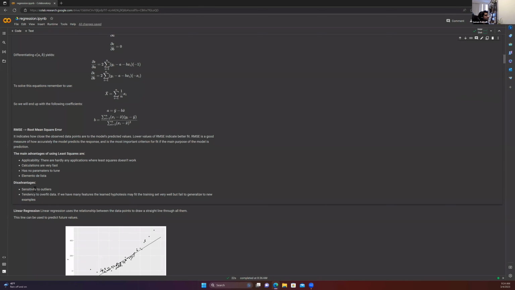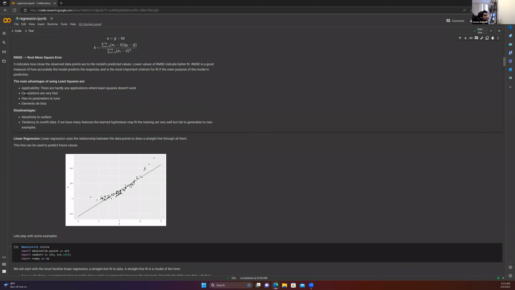Some of the disadvantages: it's really sensitive to outliers. We talked about what outliers are: anything out of the ordinary, something that is not following the common pattern, based on the normal distribution or the commonality that you would see in whatever you're studying. Is it in society? Is it in that specific data set that you're following? Anything that is not following the common pattern is called an outlier.